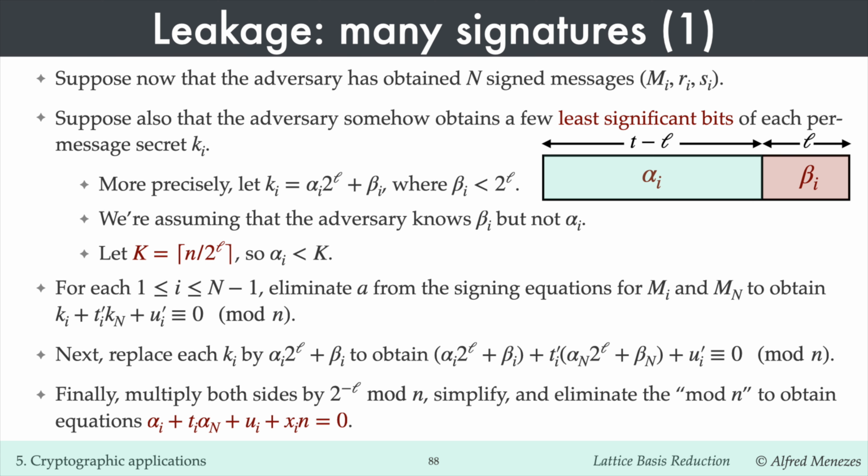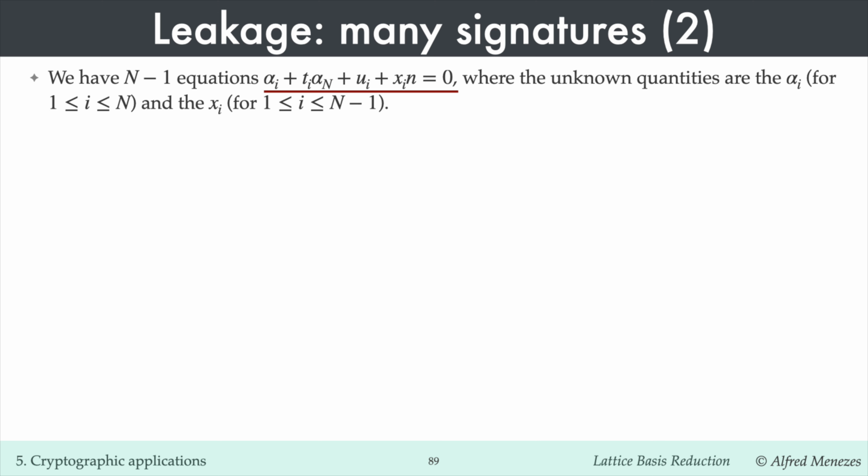Finally, multiply both sides by the inverse of 2 to the l modulo n, simplify, and eliminate the mod n to obtain equations alpha i plus Ti times alpha n plus Ui plus xi times n equals 0 for each i between 1 and n minus 1. So we now have n minus 1 such equations, where the unknown quantities are the alpha i and the xi.